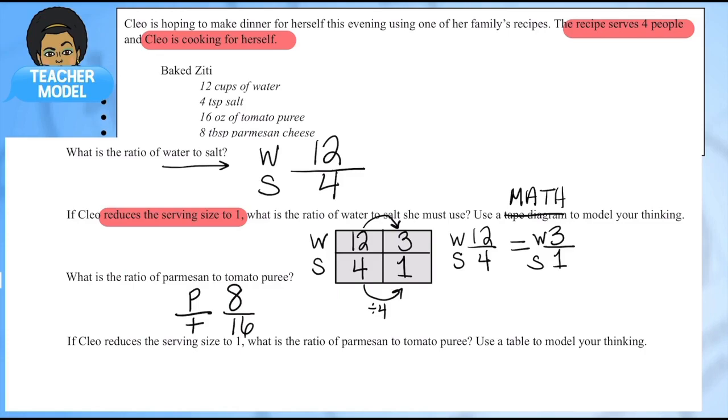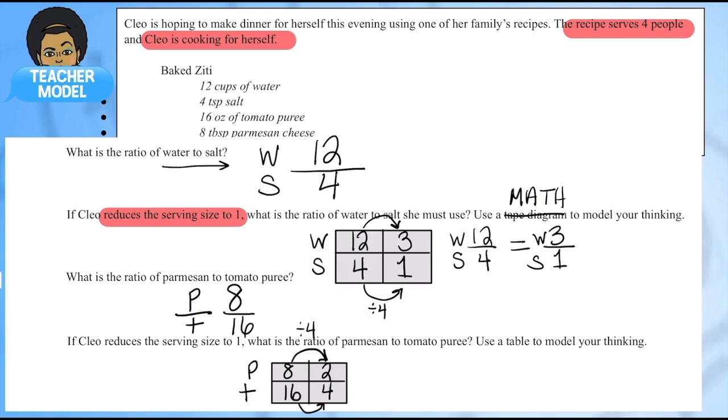So I'm going to use my math again. Same thinking, same skill. Parmesan cheese, tomato, 8 to 16. And I'm going to, again, divide by 4. And I get 2.